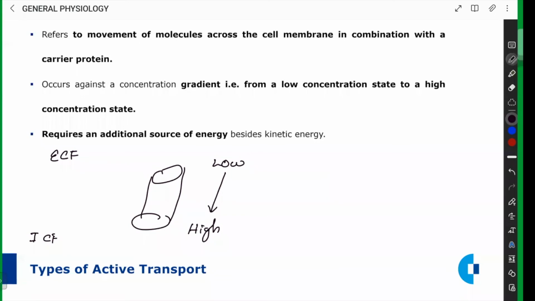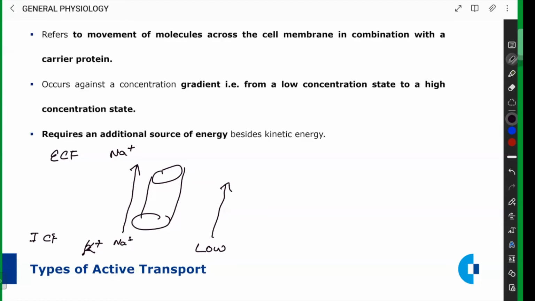Am I right? Now you want to transport sodium from the intracellular to extracellular. Already the sodium amount is low in the intracellular area. Now what do you want to do? You want to bring sodium from the ICF to your ECF. But when you take some sodium outside to the ECF, you need to balance.